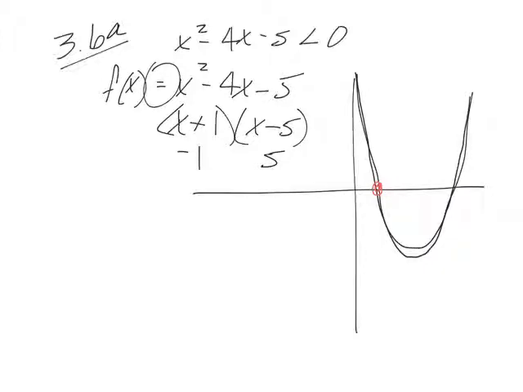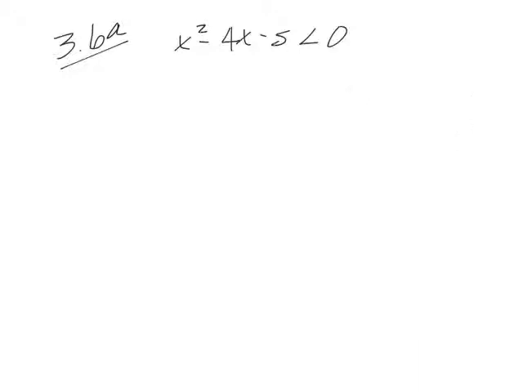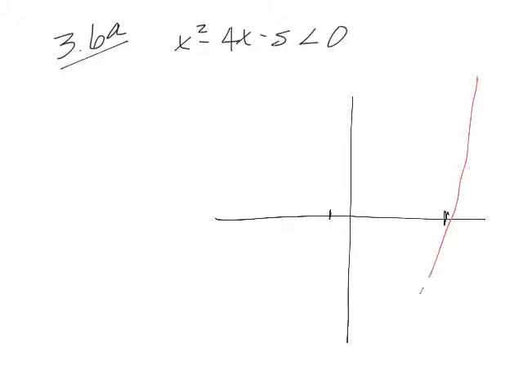Let's get a better graph here that more accurately represents what I'm doing. Okay, so I've got my graph and it crosses negative 1 and positive 5. So here's my graph. Right there's my negative 1, right there's my positive 5. So those are my zeros. The x-intercepts of the graph are negative 1, 0, and 5, 0.